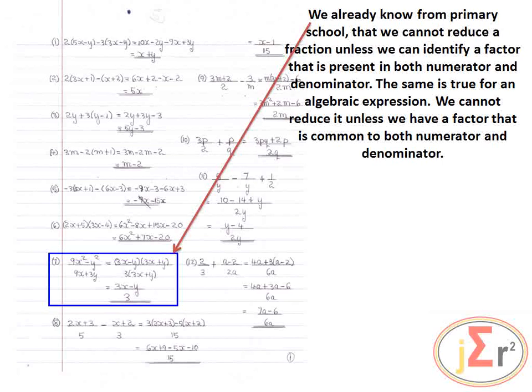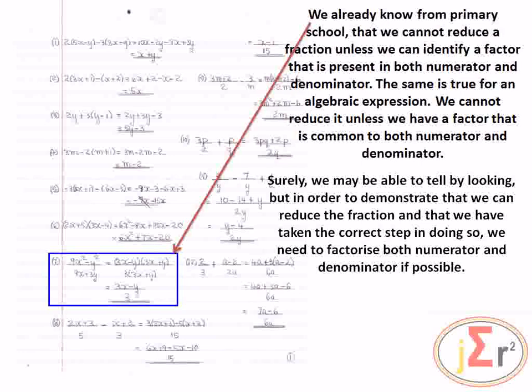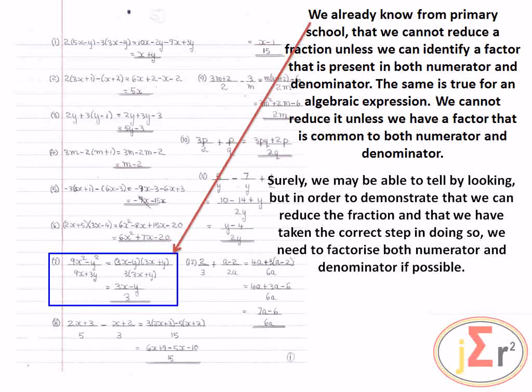The same is true for an algebraic expression. We cannot reduce it unless we have a factor that is common to both numerator and denominator. So we have to have factors that are common before we can cancel, because we can only cancel common factors.